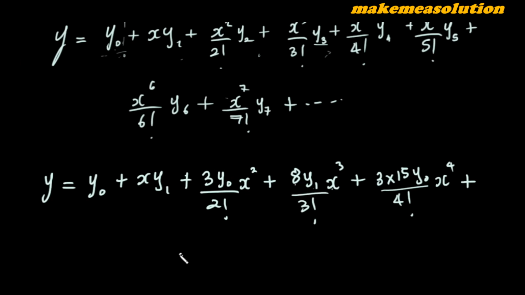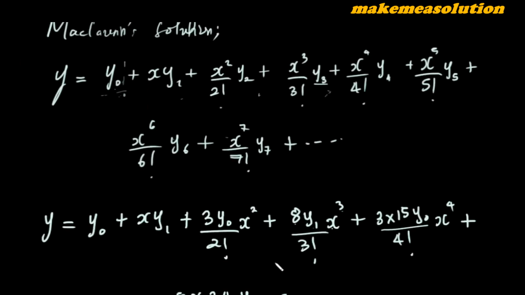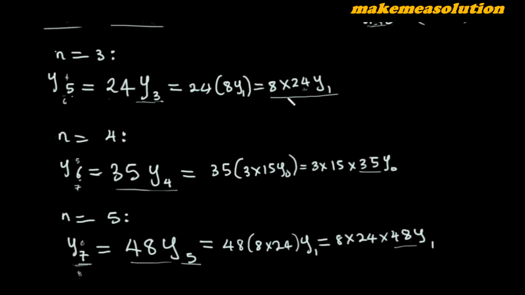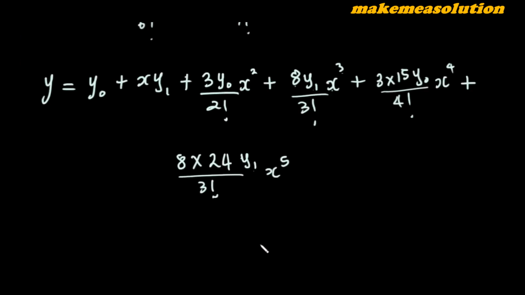So it's going to be 8 times, since we are currently on x to the power of 5, I'm going to multiply the number before 5 and the number above 5, which is 4 times 6, which is 24, and to now give me my 8 times 24 over 5 factorial, and this is x5. So if we go and check our value of y5, we'll see that y5 is 8 times 24 y1, which I got here.